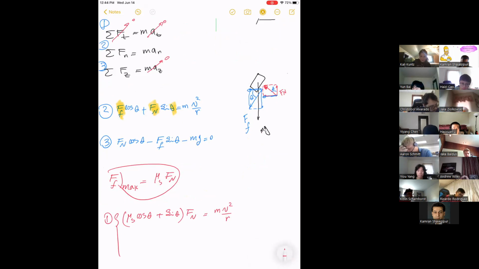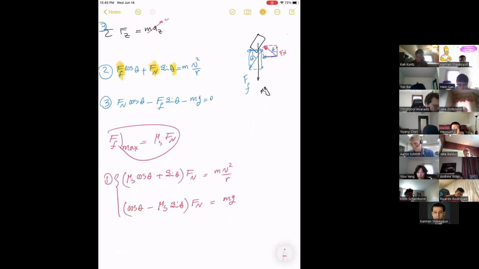And here, cosine theta minus mu s sine theta, F_n equals mg. Two equations, two unknowns. How are we going to solve this? A hint is you can divide the two sides of the equation to get rid of F_n.